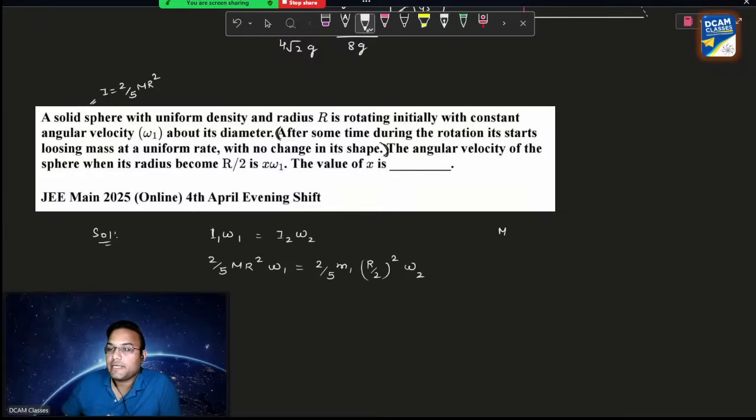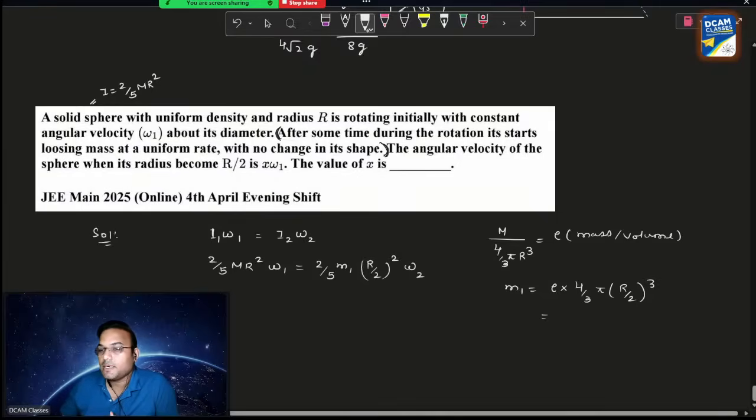Initially, its mass was m. Divided by 4 by 3 pi r cube, its volume, will give you the mass per unit volume. Now finally, when it has not changed its shape but its radius has become r by 2, what will its mass m1 be? It will be rho into its new volume, 4 by 3 pi into r by 2 whole cube.